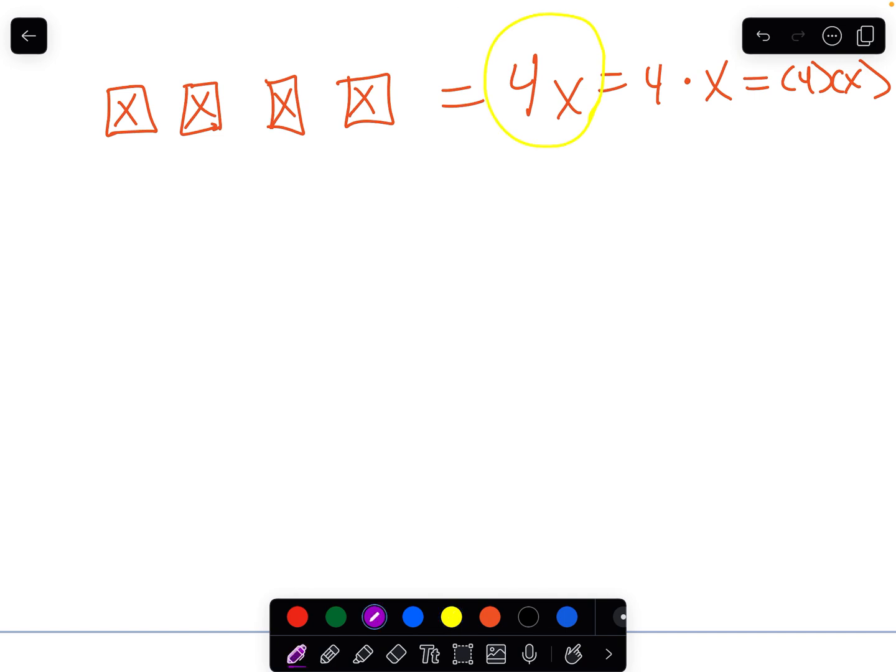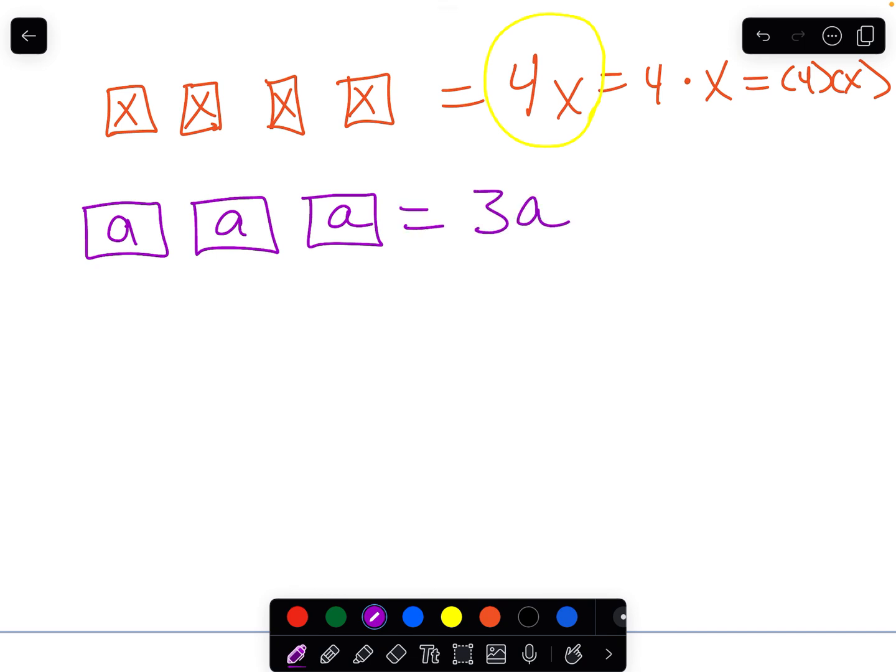Now, what if I have, let's work with the letter A. I have A, A, and A. I have 3 A's. That's going to be 3A. Actually, I think going further will confuse you because we are going to soon learn about the distributive property.